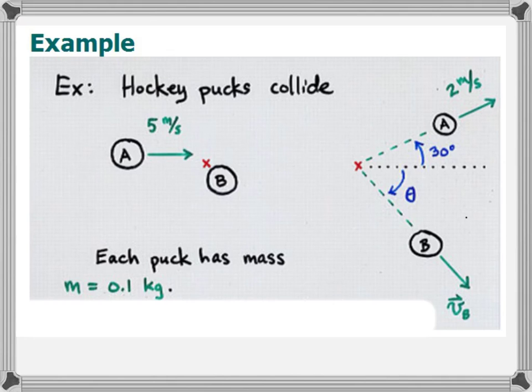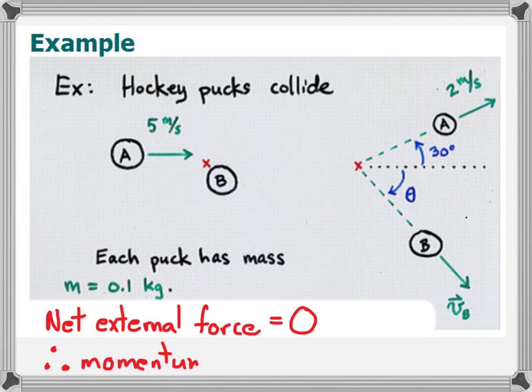Now, this is a collision, and the net external force acting on each puck is equal to 0, and therefore momentum is conserved. In this unit, we worked with conservation of momentum along one dimension, but now we have momentum in both x and y.